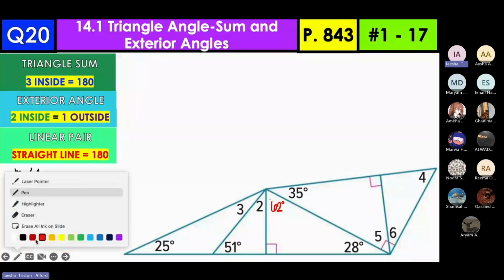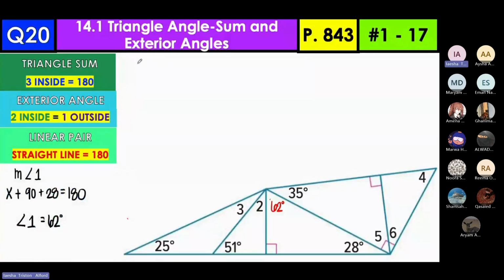Measure of angle 2. What could you do? Exterior angle. You could very well do exterior angle. Or you could use triangle sum. Let's go with the exterior angle.